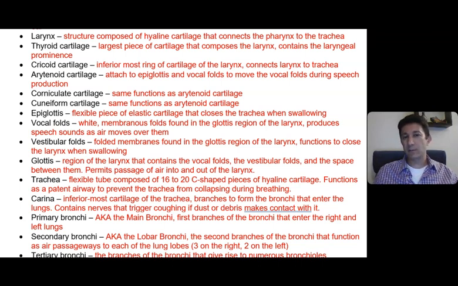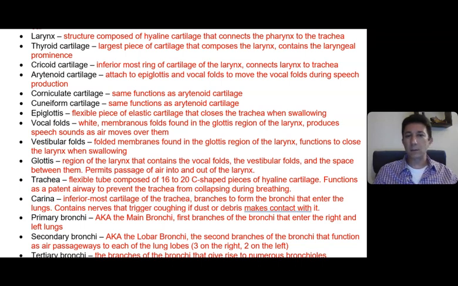We have another set of folds that is above the vocal folds that are called the vestibular folds. So the vestibular folds are actually closer to the epiglottis than the vocal folds are. And the vestibular folds are membranes that simply help to close the larynx when we are swallowing. So they essentially assist the epiglottis's function.